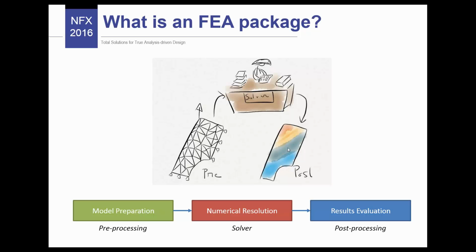So basically these 3 steps, and every software is different. Some software are very good for pre-processing, but are a bit weak in the solver step, which means what? Which means that they have older solvers, or maybe the solver is not so fast. And you have some software which are better on post-processing maybe. So you have to know how to spot the weakness of the package that you are thinking about, because some packages are hiding this from you actually.